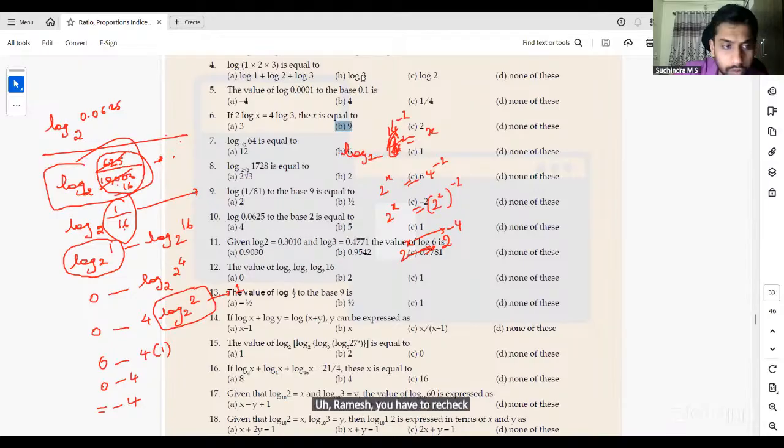If the answer is for question number 11, you have to recheck. Bhargavi Hegde, you have to recheck.